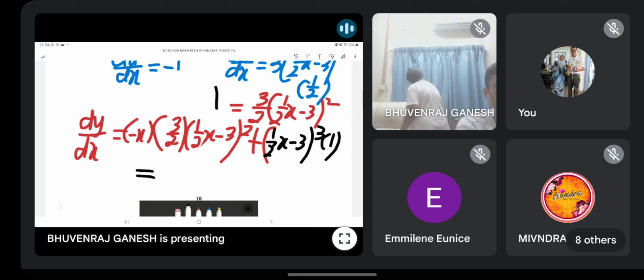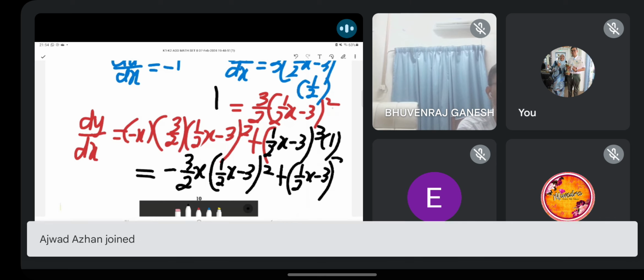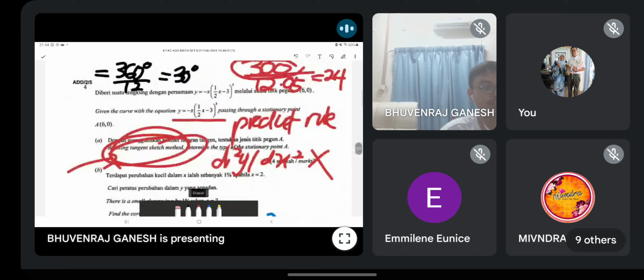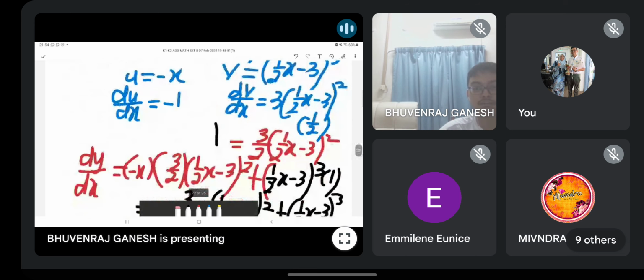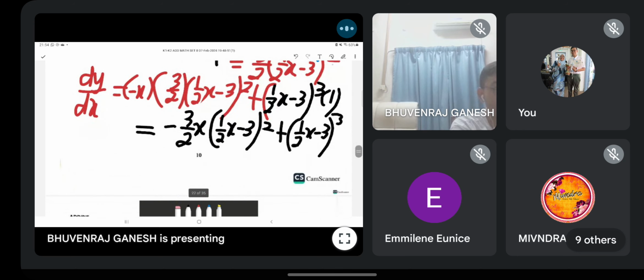Then you count this and you can get the answer. You will get negative 3 over 2x, 1 over (2x minus 3) squared, plus 1 over (2x minus 3) cubed. Aida, can you get this one? This is the differentiation, dy/dx. This is your answer.